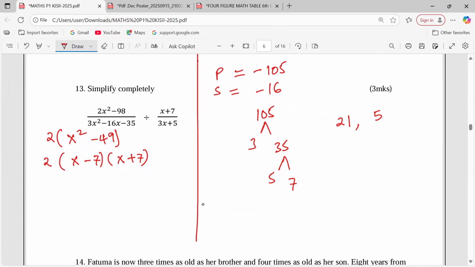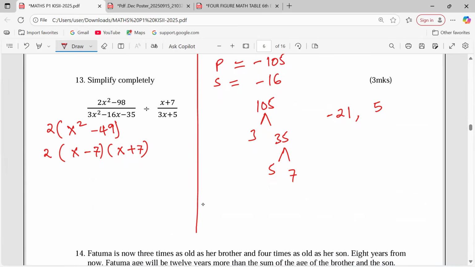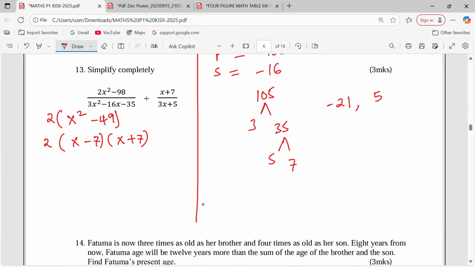That is 7 by 3 and 5 alone. Then we give this one a negative. Negative 21 multiplied by 5 is negative 105. Negative 21 plus 5 gives us negative 16. Then we are right to use negative 21 and 5.